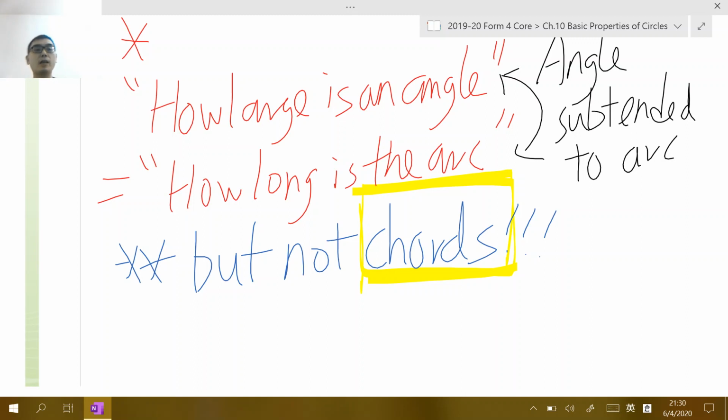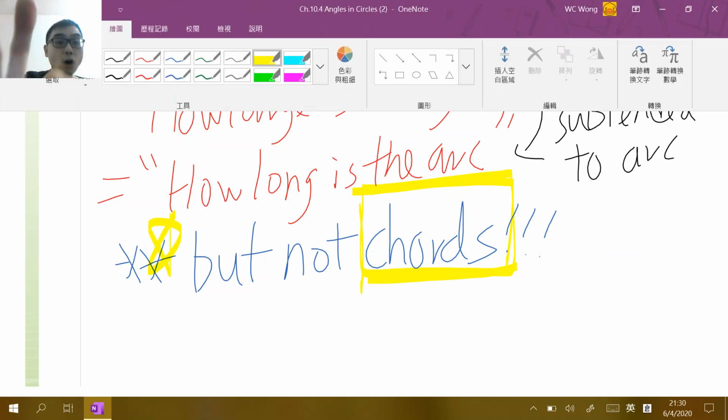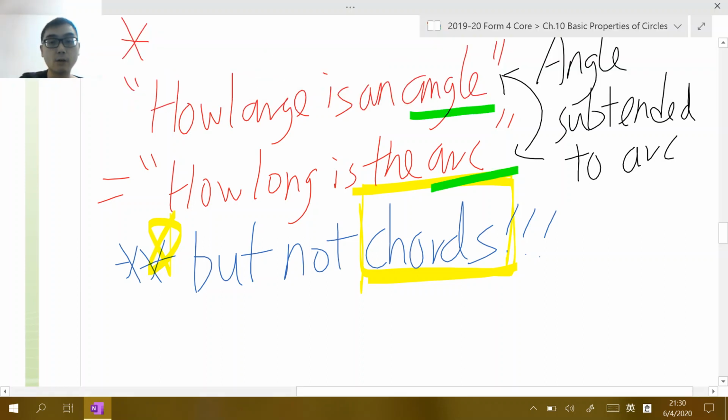How the triangle is made will be investigated later, but the most important thing is that angle and chord in general are not proportional. So you have to understand that this proportional relation only works on angles and arcs only. Okay, so this is a summary.